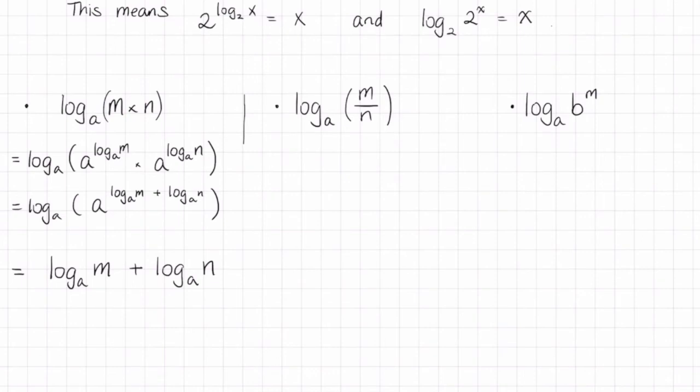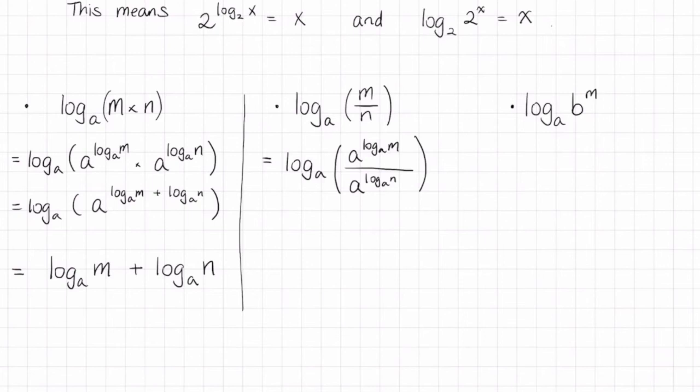All right, second, if it's a division, what do we do? Well, doing something very similar here. So I'm going to write m as a to the power of log base a of m, and n, I'm going to write it as a to the power of log base a of n.